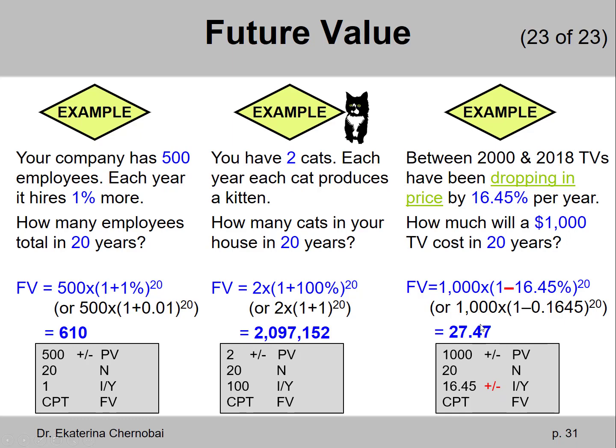And the answer you will get is $27.47. So a TV that costs now $1,000 will cost less than $27.50 in 20 years, if prices keep falling at the same rate they have been falling since the year 2000.